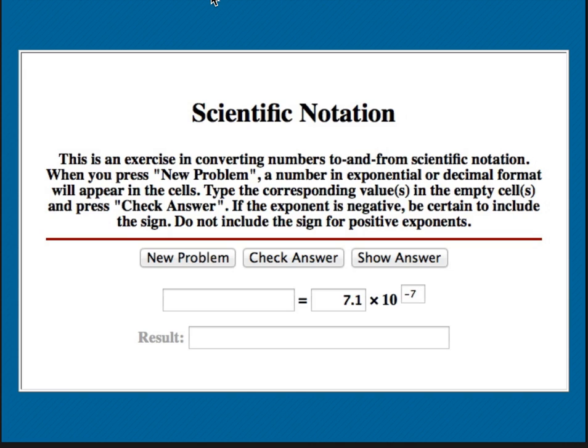Well, it's a minus 7, so we're going to put 7, 1 here, and then we're going to put 6 zeros in front. Then our decimal point, and a 0 in front of the decimal point, just for good form. And that's right. Again, if you mess up, click on Show Answer. It'll tell you what you did wrong.